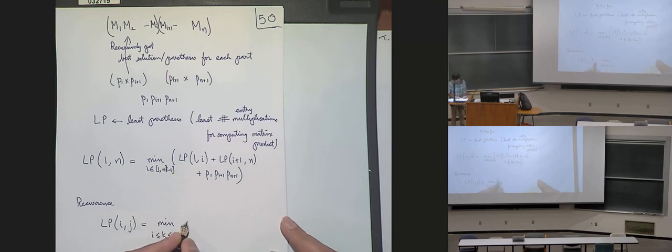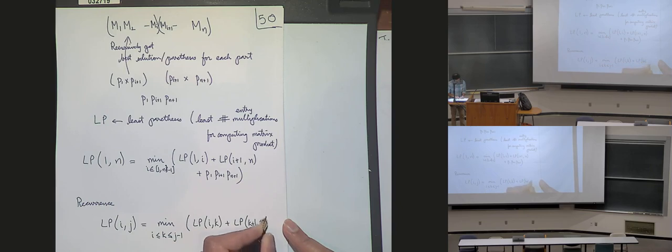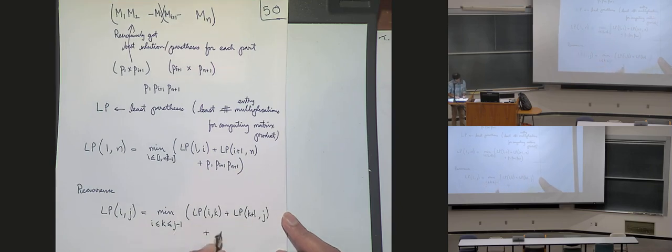So what you get is the least parentheses from i to k plus the least parentheses from k plus 1 to j plus Pi Pk+1 Pj+1. This is your recurrence.